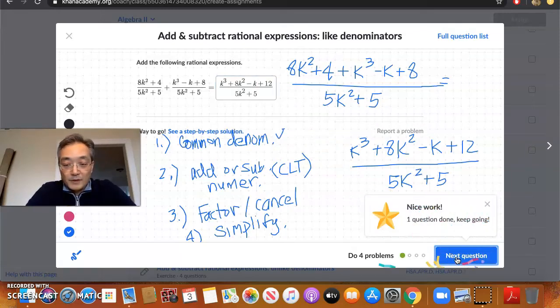Okay, and that is correct. A lot of typing, right guys? Okay, so again, get common denominators, then add or subtract the numerators, combining like terms. Factor, cancel, and simplify. In this case, we didn't factor and cancel anything. We just left it, and then we just type that in as our final answer.